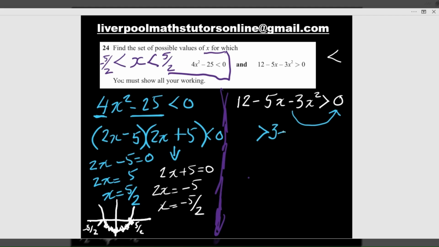So I've got the 3x squared positive. If I put this negative 5x over, that goes positive. I'm going to stick that 12 over as well, which will go negative. And I can put the 0 over this side.